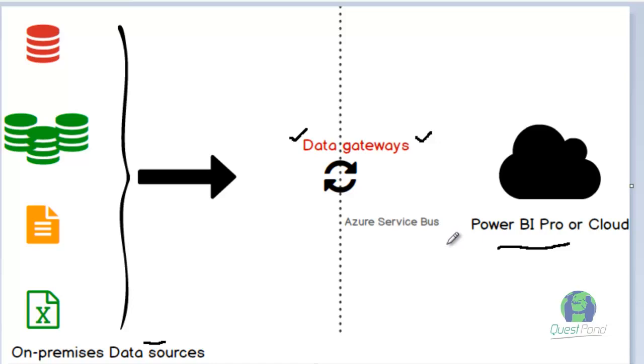Now when your data sources, for example SQL Server or Excel file or any other data, lie on your computer, I mean on your local machine or on your organization's local server machine. So it can be your company's local machine, it can be your own local machine, it can be your laptop also.